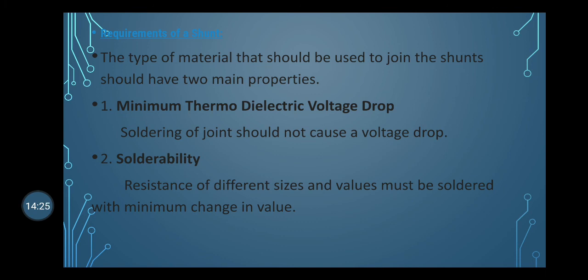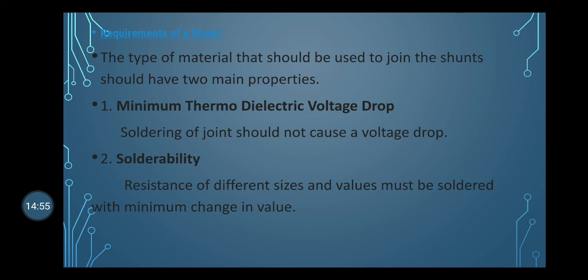The material should have the minimum thermodielectric voltage drop, that is, a soldered joint should not cause a voltage drop. By using this property, the meter will give an accurate reading, because no voltage drop occurs.